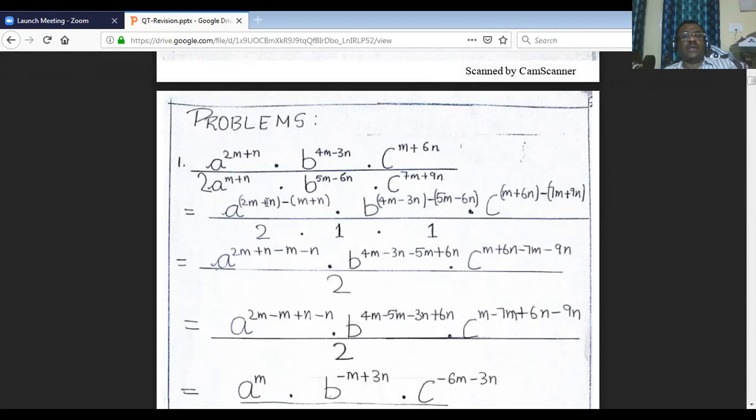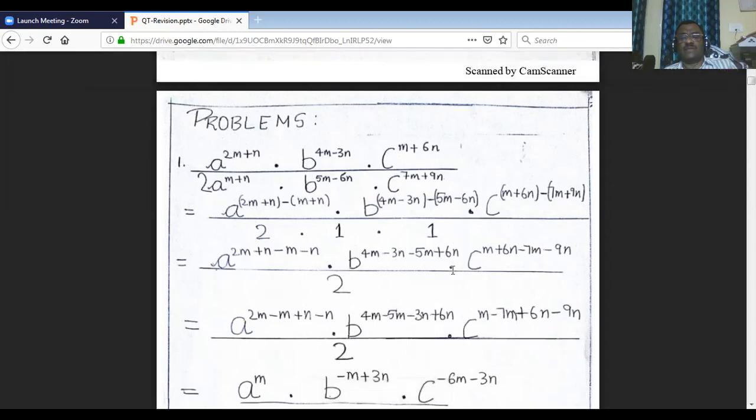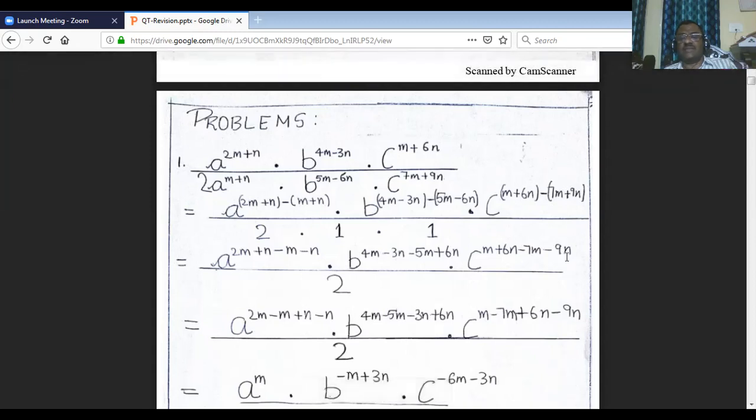Next, 1n and 1n: this is a to the power of 2m minus m plus n minus n. Next, this is b to the power of 4m minus 3n minus 5m plus 6n, into c to the power of m plus 6n minus 7m minus 9n.